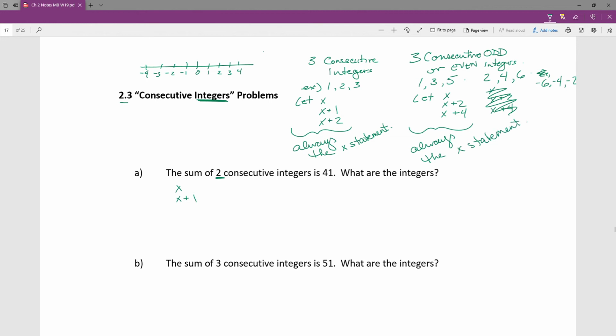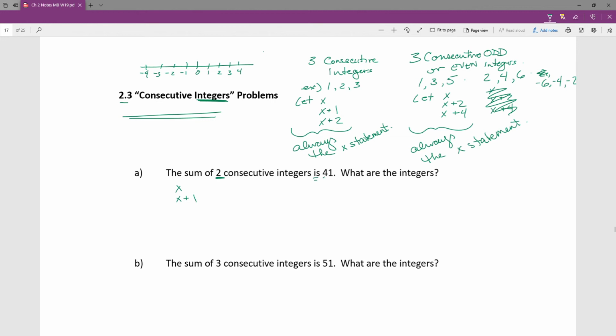So in all of these consecutive integer problems, if you read them correctly and identify them as consecutive integer problems, the let statement is a really simple point to get in the process of answering these word problems. So let's launch into these. A says the sum of 2 consecutive integers is 41.